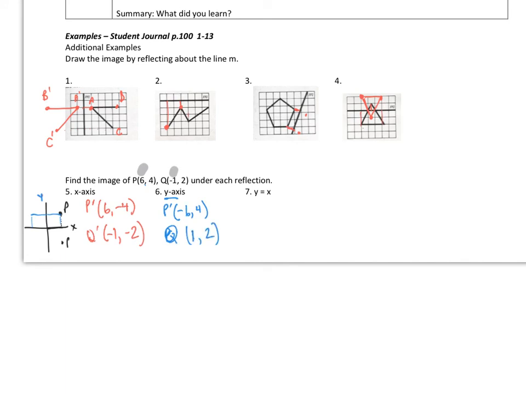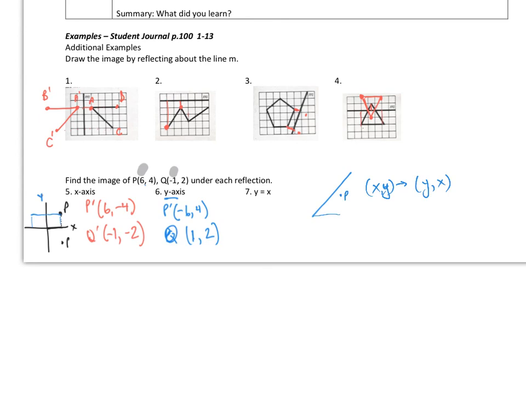And the line y equals x. Remember, we just did this one, and we said in our notes that x comma y would map to y comma x, so we flip these. If point P is right here, say, oops, that's not a good one. I shouldn't have put it on the line.